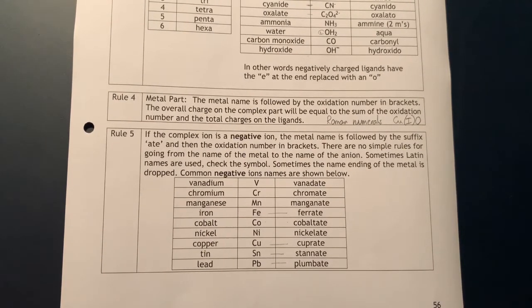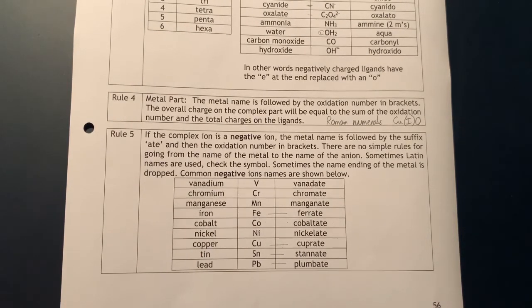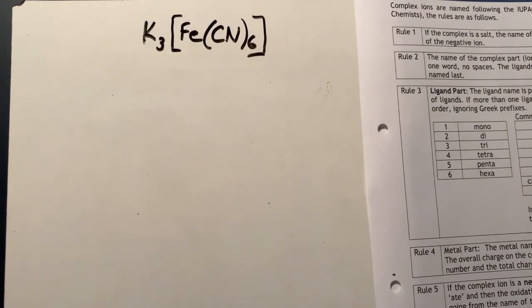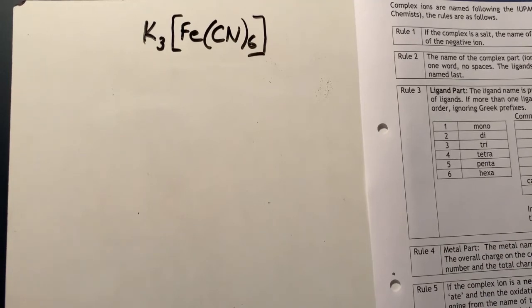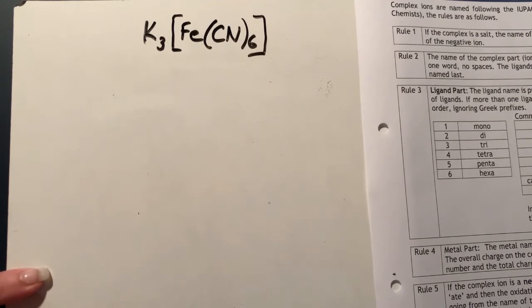I'll work through a good few examples with you before I leave you to do your quick test. So this is the first complex that we're going to have a go at naming. I'm not going to talk you through the way it is in the notes. I'm going to name it as I would name it, and hopefully between what I do here and what's in the notes, this will start to make sense.